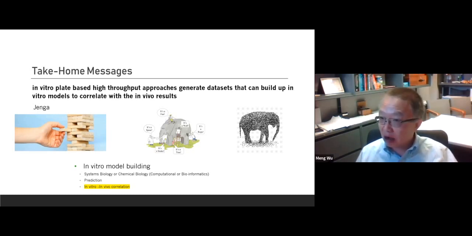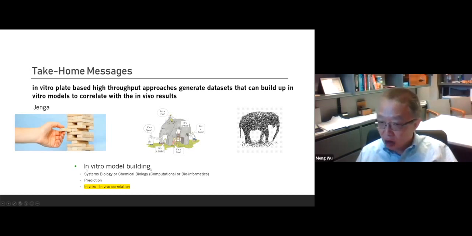You take one block off and see what happens, and use that as a functional study, but this is counter-argued by the elephant and the blind men story: you only see one part of a sophisticated, complicated biological system, especially human clinics. But if you do that with multiple dots, you see something closer to the reality of the elephant.